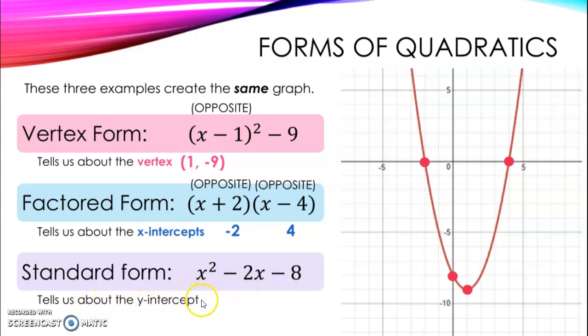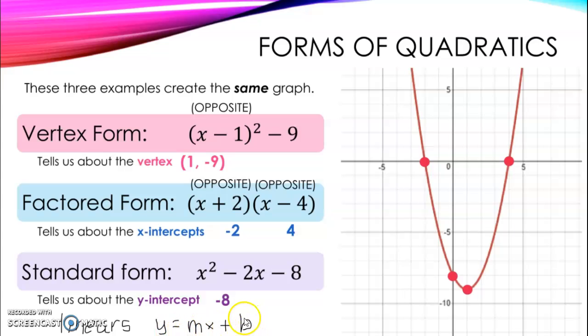Now the standard form equation, we haven't talked about this one as much yet, but this actually tells us about where the y-intercept is located. So taking a look at the parabola here, we have the y-intercept here at -8, and that's actually shown in our standard form equation right here. The -2 isn't very clear where that's located in the graph, but the -8 does tell us where the y-intercept is located. And this is actually related to the equation that we know about linear equations in standard form, y equals mx plus b.